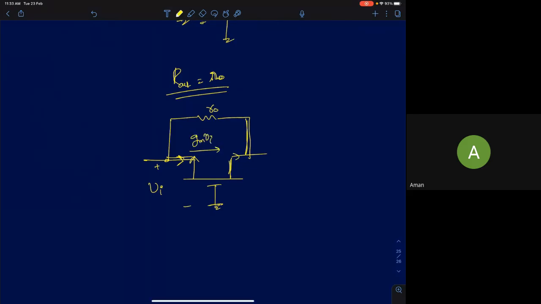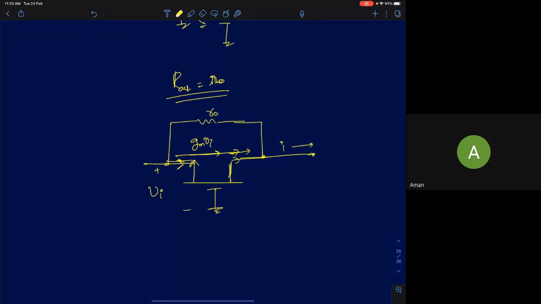Now let's trace the path of this current. This current is now going to flow here, reach this terminal. At this point, what is the path for the current? Look at it, I'm just exaggerating here. At this point, it comes here. What is the current flowing in this direction? This is open circuit now. What is the current here? 0, right?